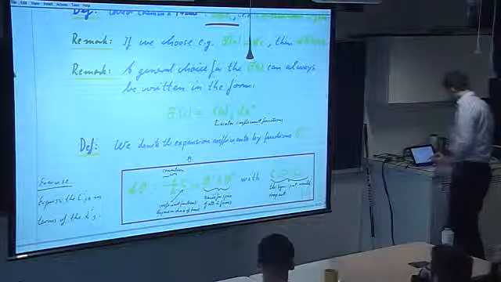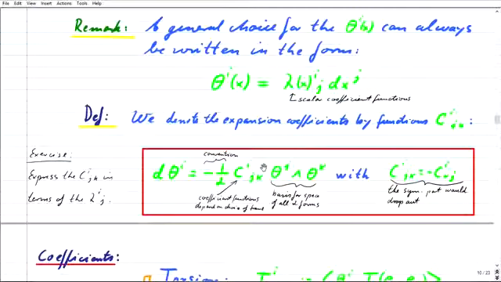Now, remember that in general, as we just discussed, the d, the exterior derivative of those theta, is not going to vanish. The d applied to these will vanish, but the d applied to that will not vanish. And that means that when you calculate the d of such frame vectors, such a basis, then you will get a 2 form, and every 2 form is a linear combination of this basis in the space of 2 forms, right?